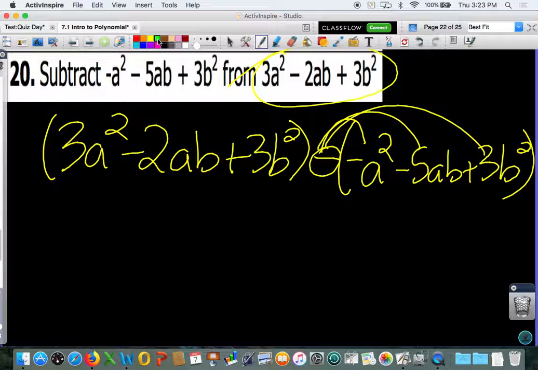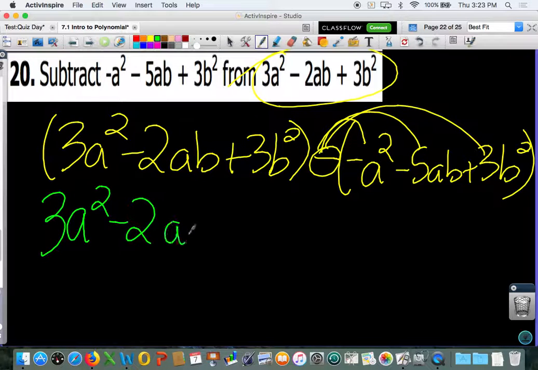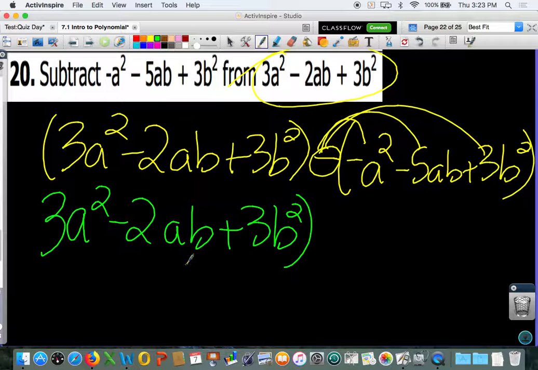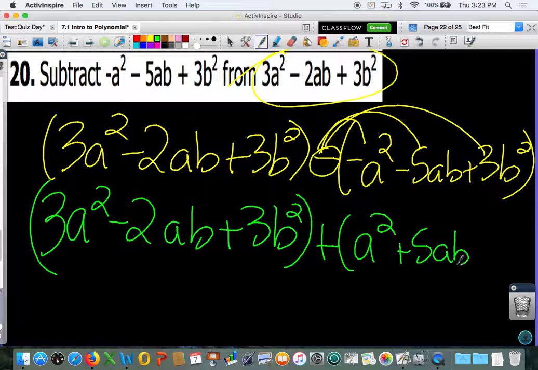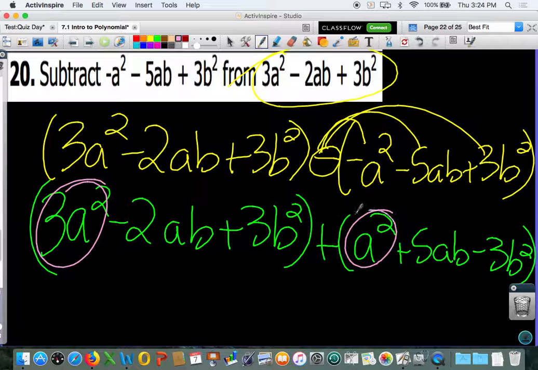So my next line is going to look like 3a squared minus 2ab plus 3b squared. Gotta just go ahead and bring it down, guys. Plus, negative times a negative is a positive, so I got a squared plus 5ab minus 3b squared. Gotta keep my parentheses. So now I'm looking at 3a squared and a squared give me 4a squared.